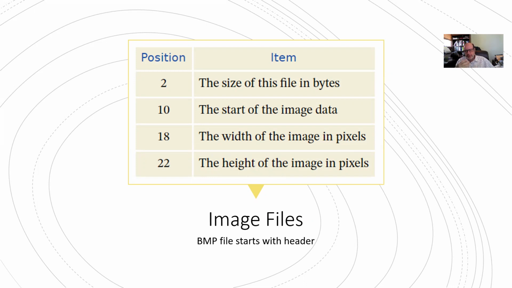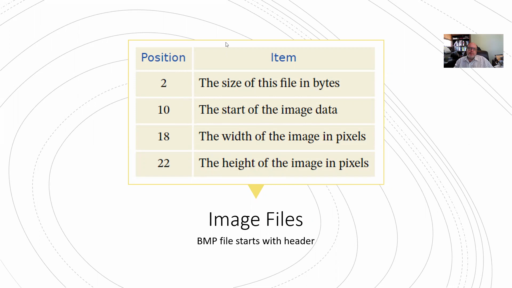So there is some information at the top of the file. When you open the file, you can read some information about it. The way it's set up, if I go to position 2, I can know the size of the file, so I know how big the file is. And position 10 is going to tell me where my image data is stored. Remember, I have a header section and I have a data section.